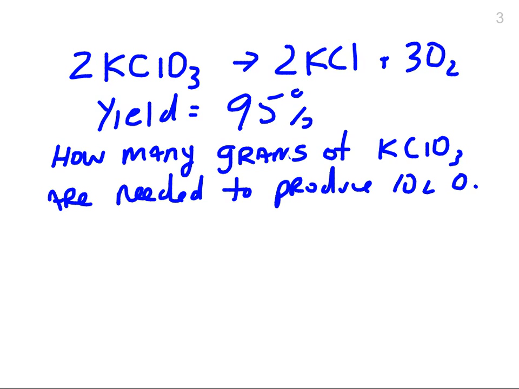of O2. So it's kind of a little bit of a complicated problem, but the place that I want to start out is I need to figure out how much I got to get out of this. So what my theoretical yield, if everything went right, I need to get 95% of 10 liters. So I'm going to set up the formula. The percent yield was 95%.